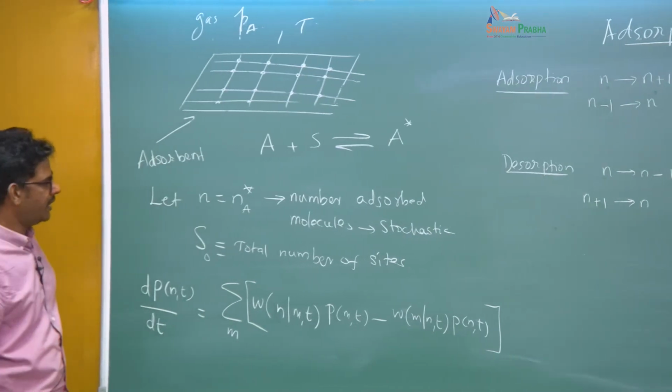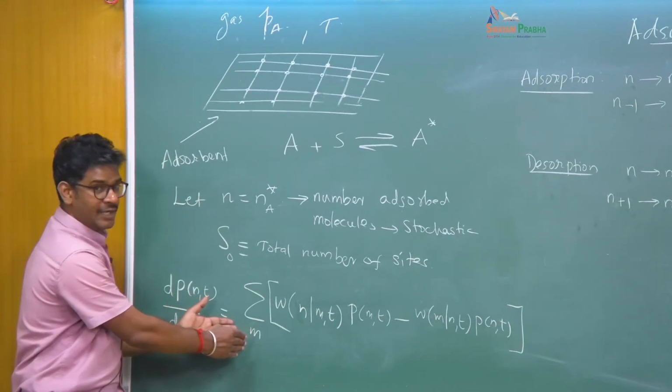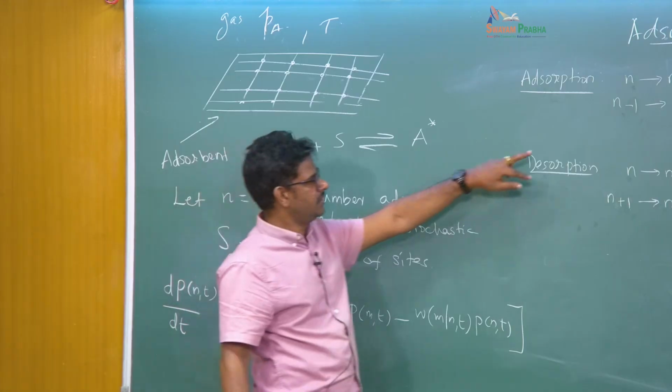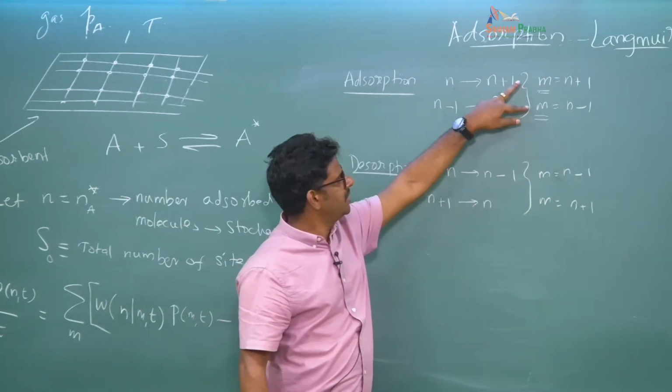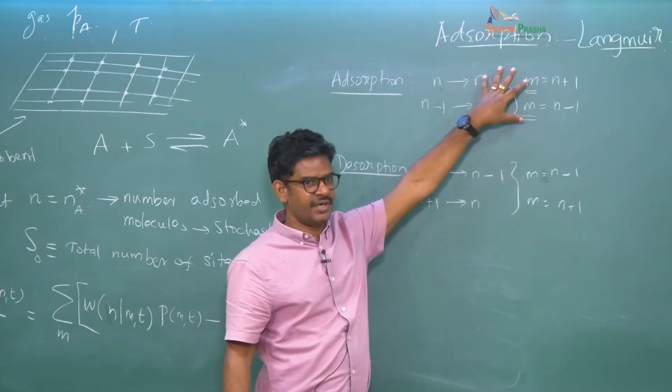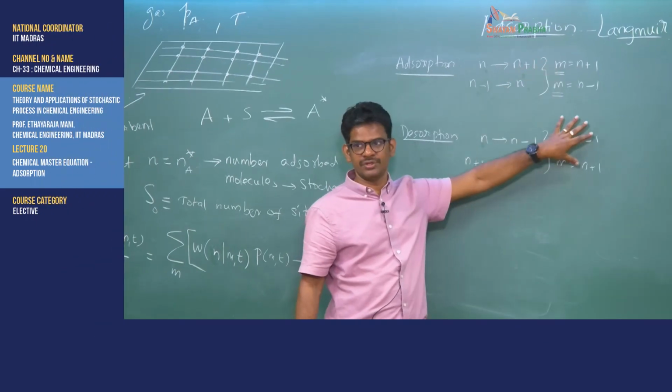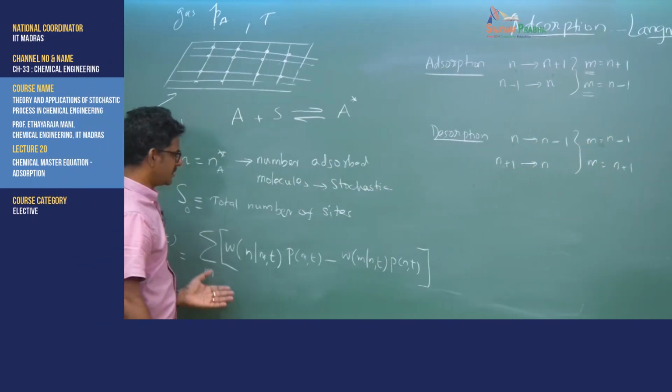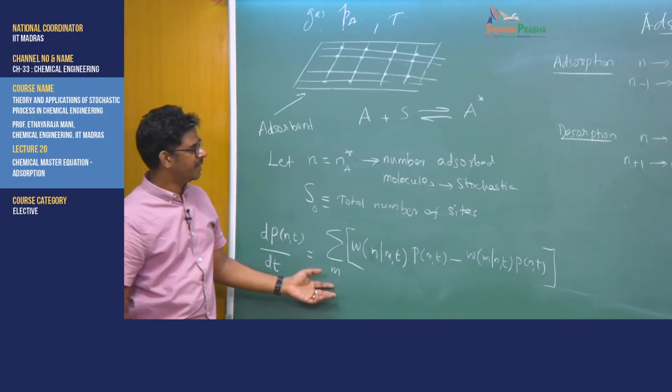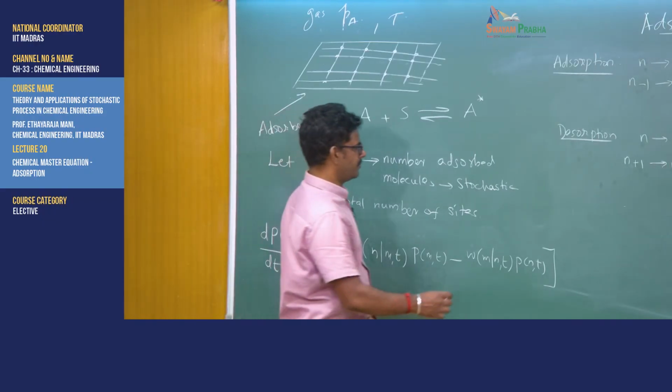So what I am going to do is write the m values, these two and these two, but these are two different things. This is an adsorption with two different rate constants, and this is a desorption with two different rate constants. Okay, so let's substitute m is equal to n plus 1, n minus 1, and write this up.